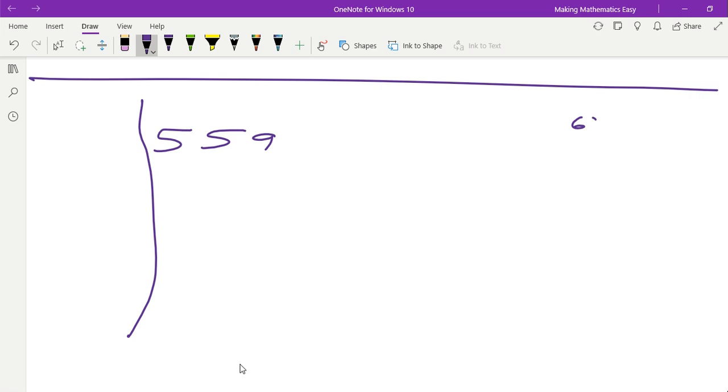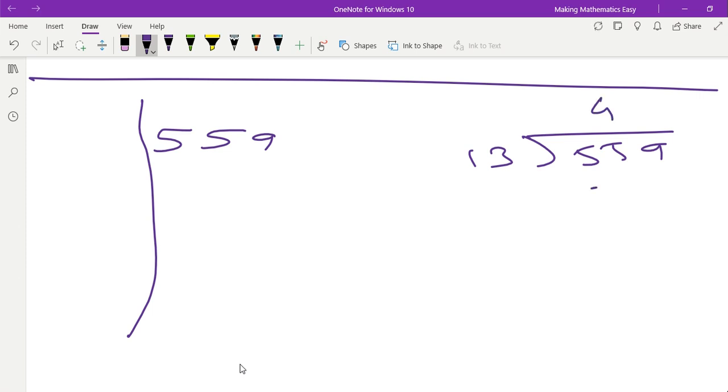Neither by 7. Let us see by 8. Neither by 8 nor by 9. Neither by 11. Again, we'll have to divide this by next prime number, which is 13.